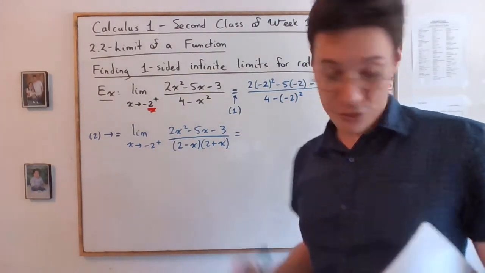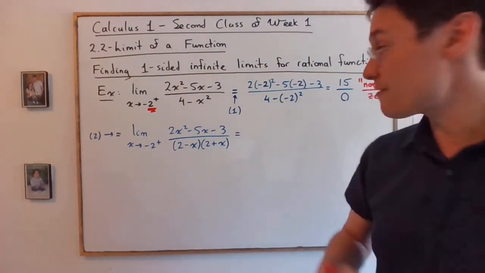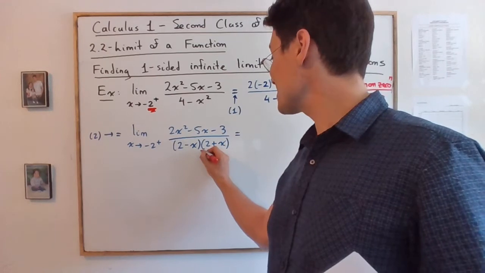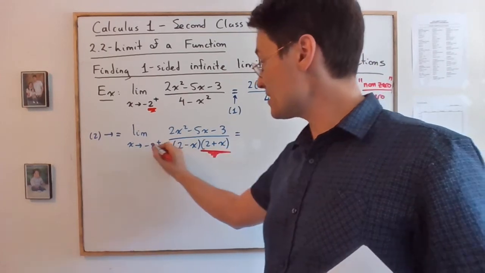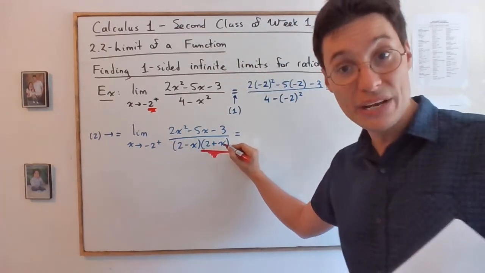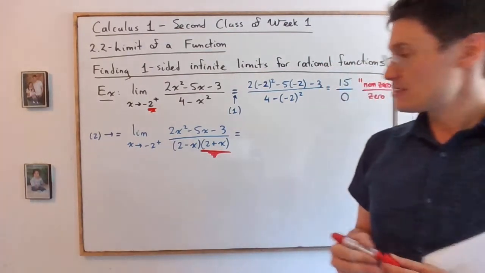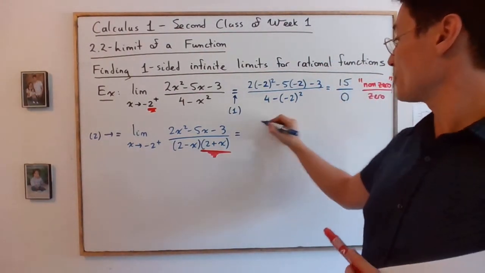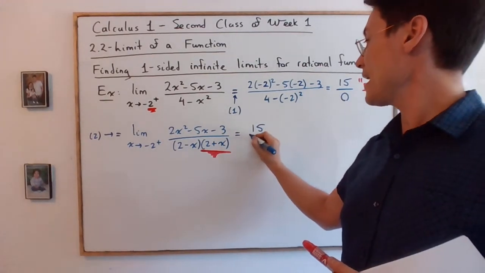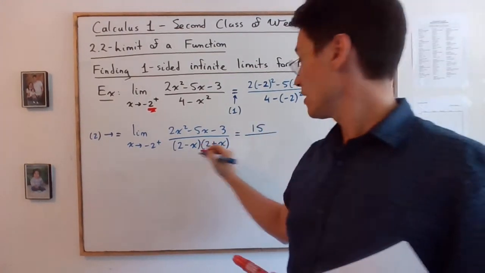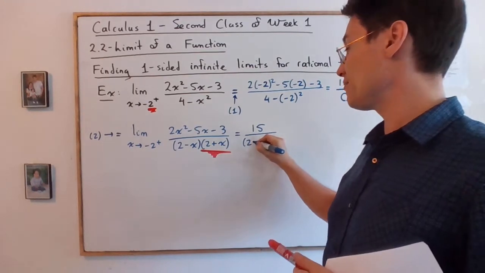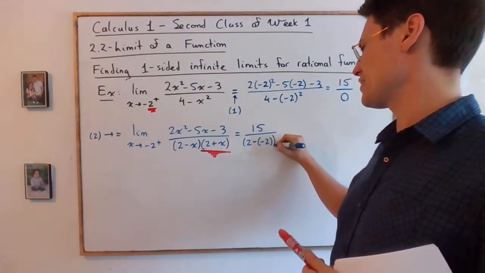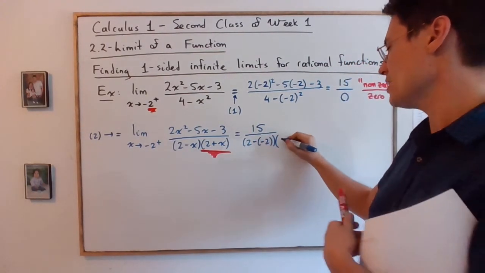Okay, step number 3. Locate the factor that's giving you the 0. It is this one, okay? It's this one that when you replace -2 in it, you're going to get 0. So everywhere else, you replace -2. And on the top, you already have your 15. And on the bottom, what do you get? Actually, I'm going to do it in full, just to make sure that you're not missing any information.